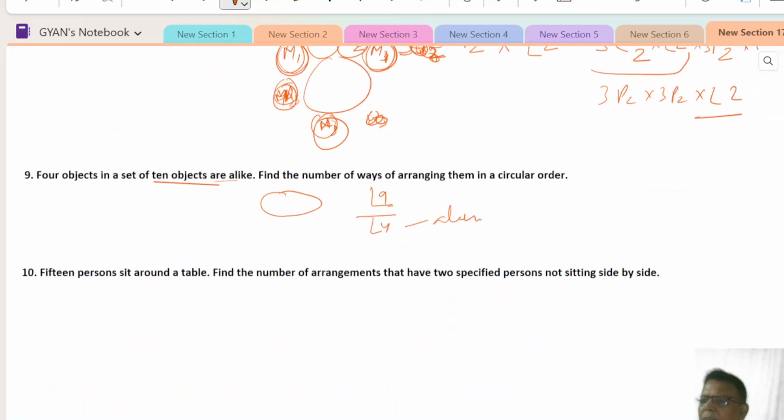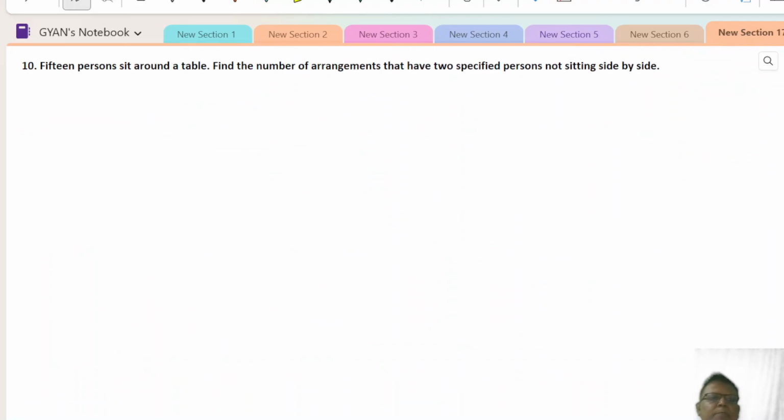Now come to the question number 10. 15 persons sit around a table. Find the number of arrangements that have two specified persons not sitting side by side. Without any restriction it is factorial 14. Now find the number of arrangements where the two specified persons are not sitting side by side.